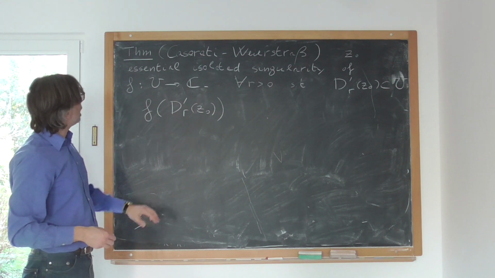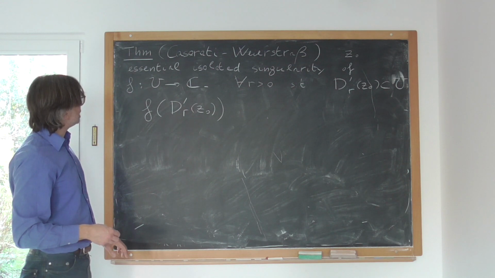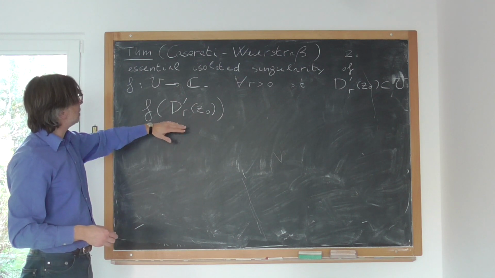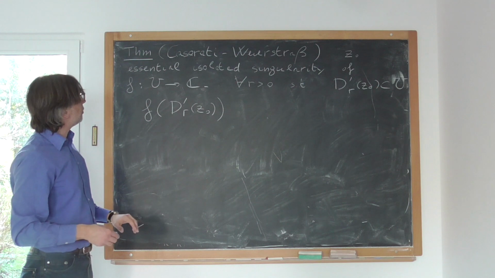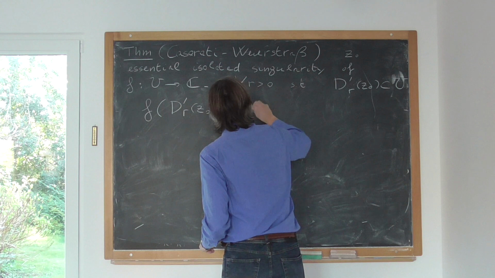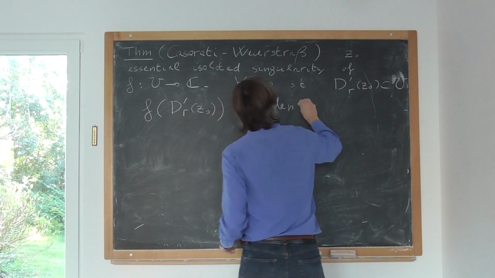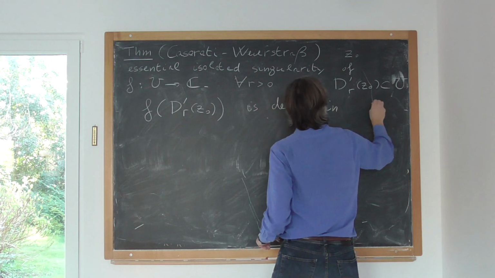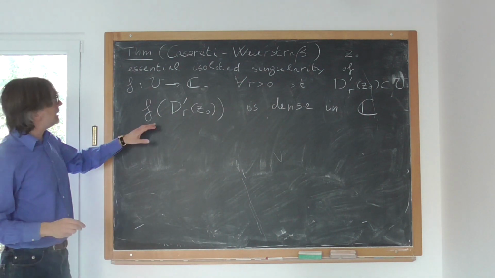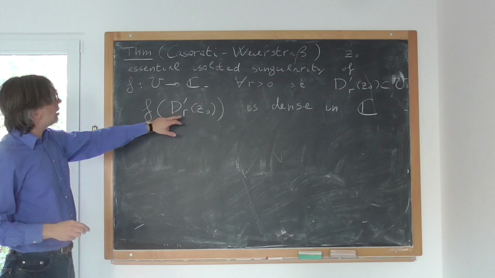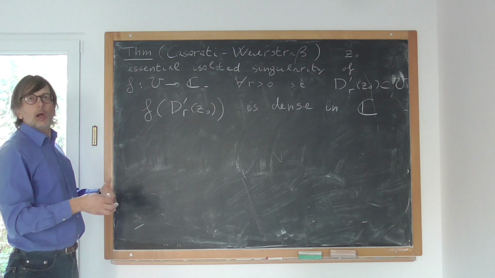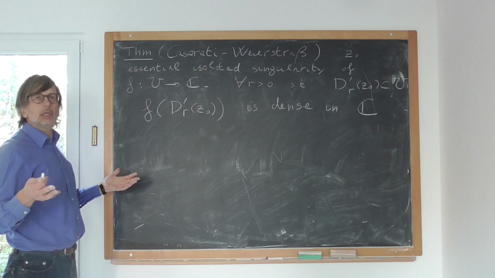And what this theorem says is that this set f of the punctured disk is actually dense in C. So this means that near z naught, f achieves really many values.